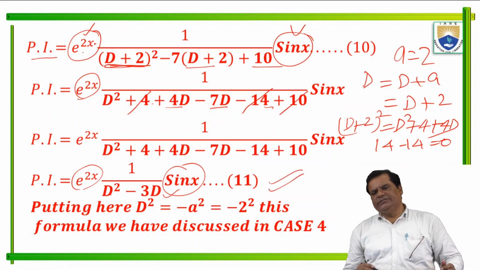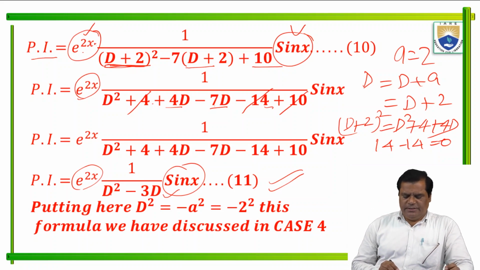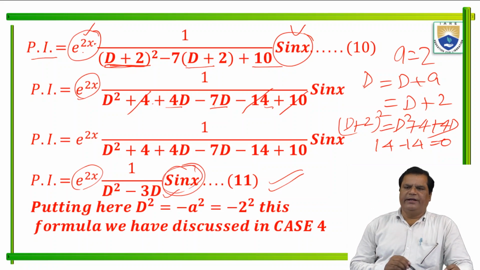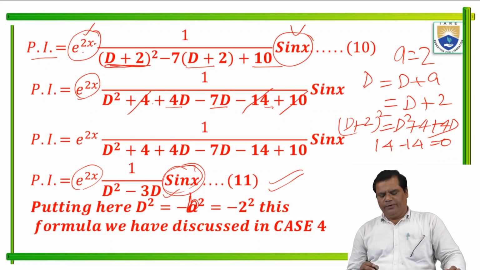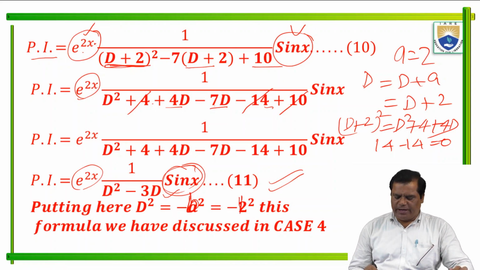In the last cases we have already discussed that if there is a trigonometrical function sin ax or cos ax, then we put D squared equal to minus a squared. Here a is 1, so a squared is 1 squared, meaning minus 1.